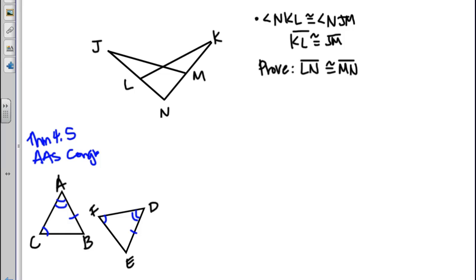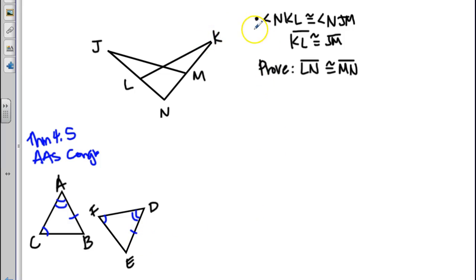Now, here's the cool thing. We kind of already know that because if we have two angles congruent to each other, we know the third is. And once we get that side, we are home free. So that's awesome. All right, so let's do this problem.